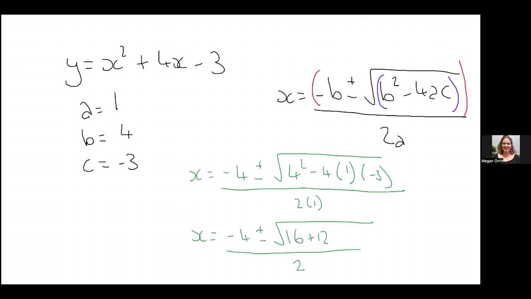0.65 is one of the answers you should have. The plus one, 0.65. I'm rounding. And then if you do it with a subtraction, you should get negative 4.65.